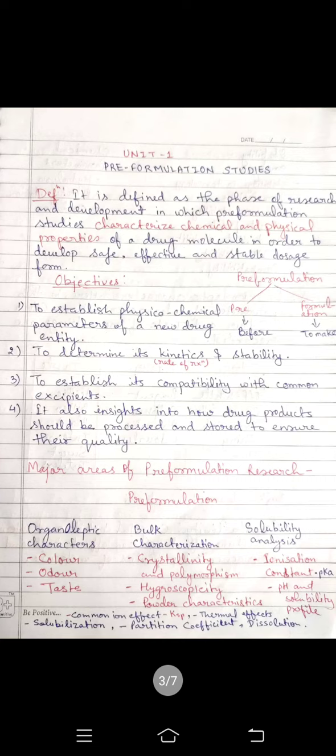Starting with the definition, pre-formulation is the phase of research and development in which pre-formulation studies characterize chemical and physical properties of the drug molecule in order to develop a safe, effective and stable dosage form.